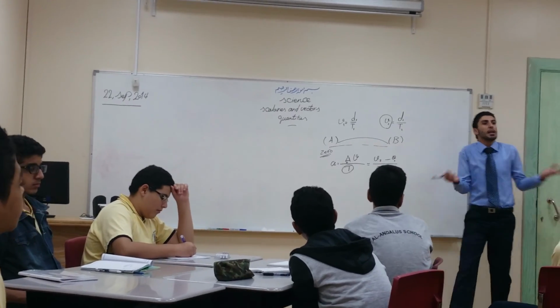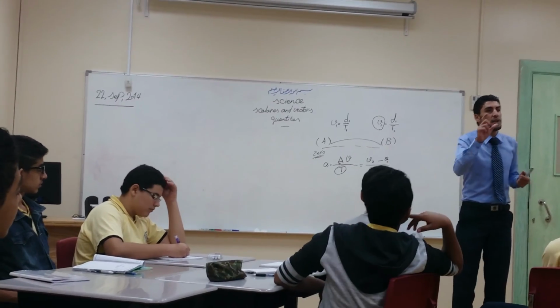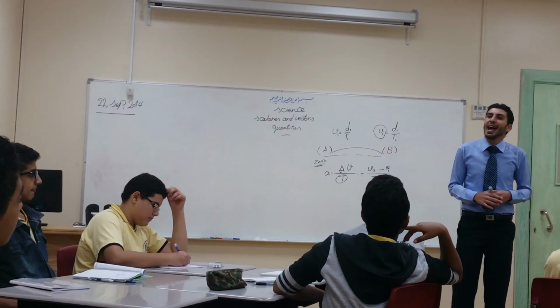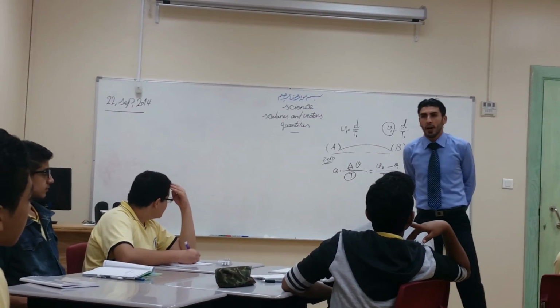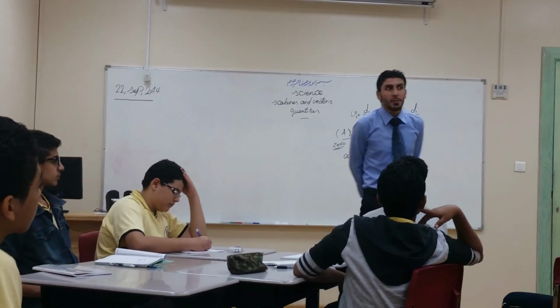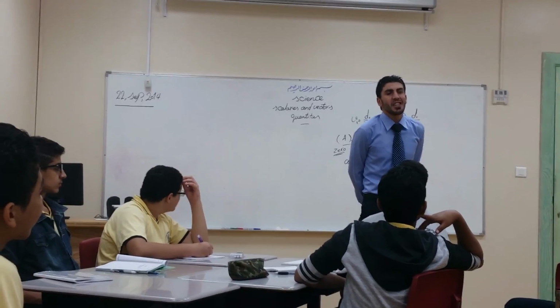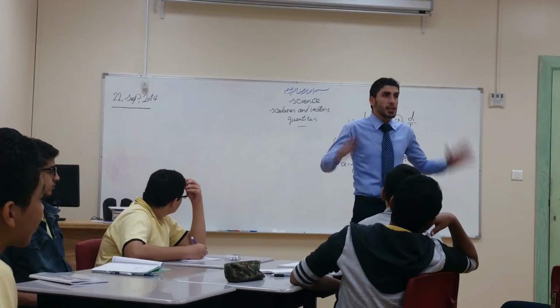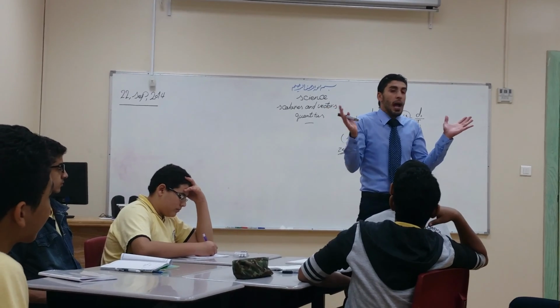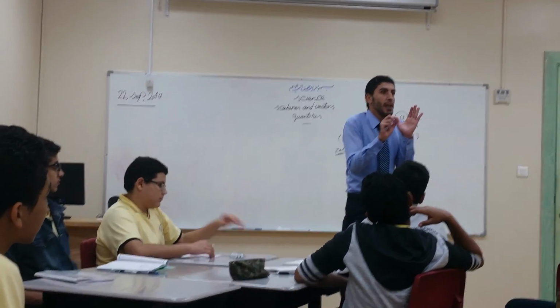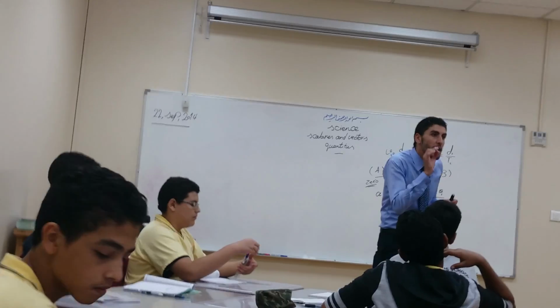Yes, because the sign here is not for the result. For example, if I said the acceleration equals negative 2 meters per second squared, this means the car is decelerating. The minus sign represents the direction of the acceleration.